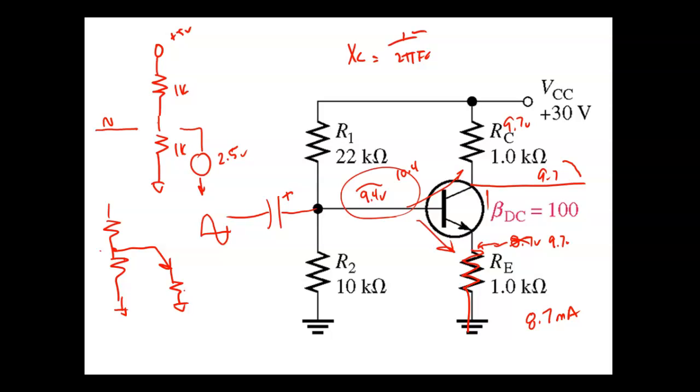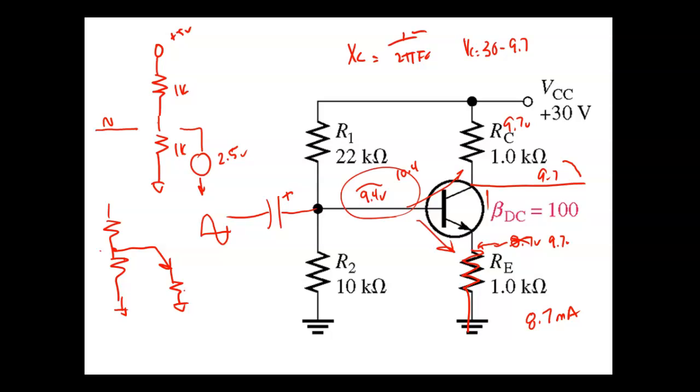The problem I have now is that this is going to go, what did it go to? 9.7, we subtract 9.7. So VC would be equal to 30 minus 9.7. So when the input goes up, the output goes down. Y'all understand that?